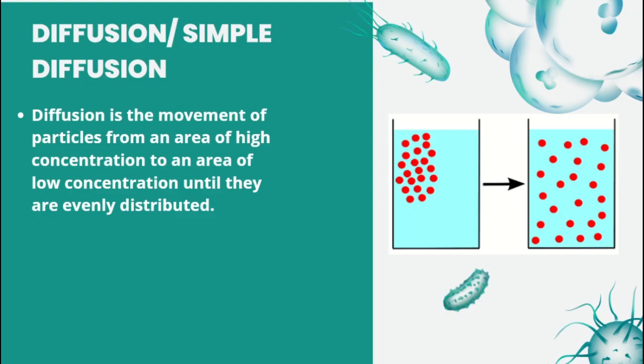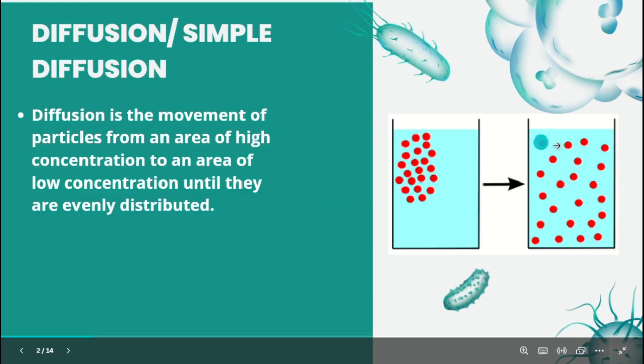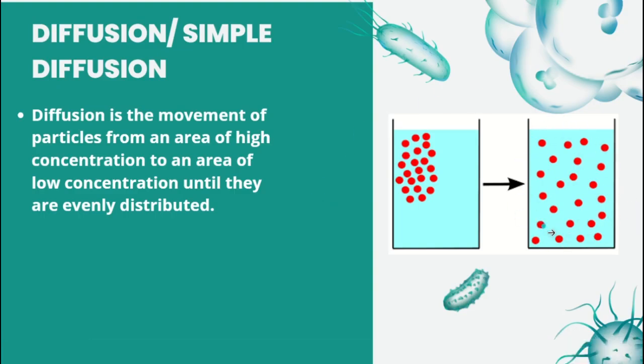And when they open that KFC, best believe, if you stand up at the door of the classroom and they are at the back, that KFC smell is going to move from that area of high concentration at the back of the classroom to you at the door, because that's how diffusion works. It's always to get the particles evenly distributed. So it's always going to move from an area of high concentration to an area of low concentration so that it can be evenly distributed, because that's always the goal of diffusion.